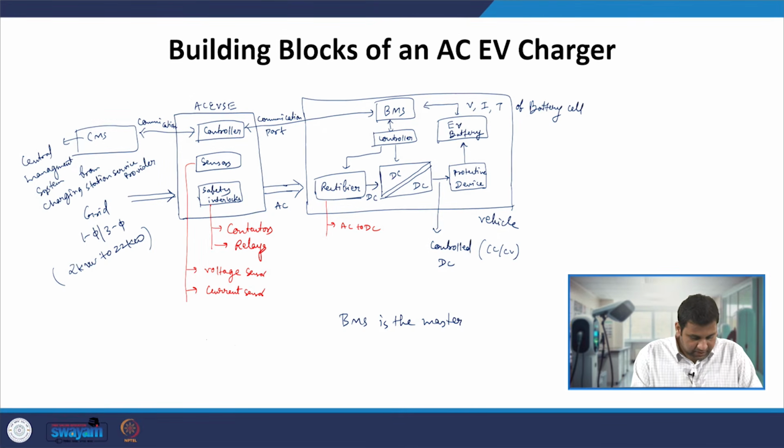And if you look very carefully, in an AC charger, the entire power conversion is taking place inside the vehicle itself.